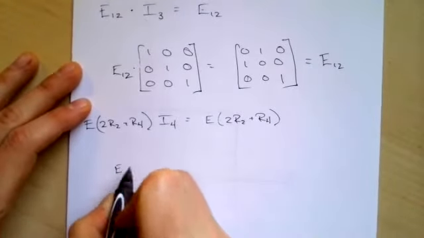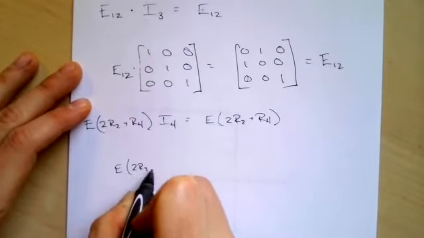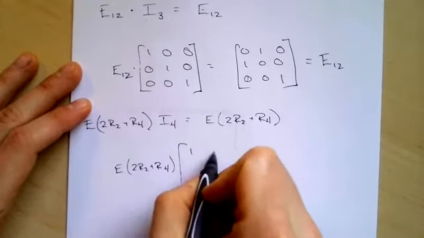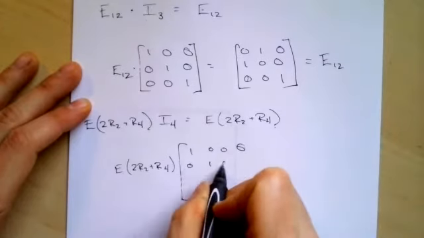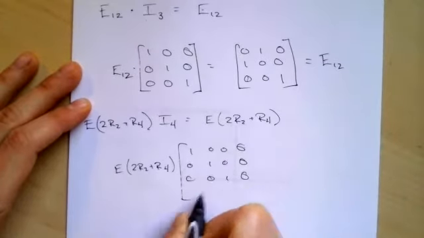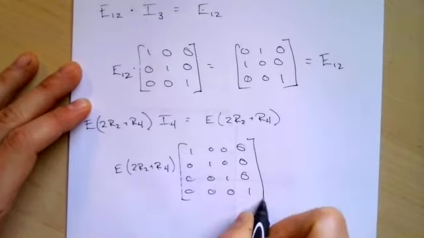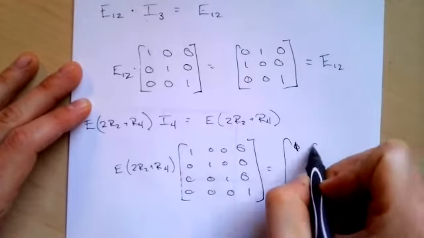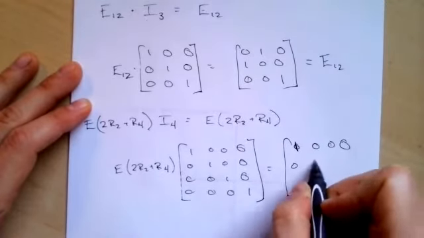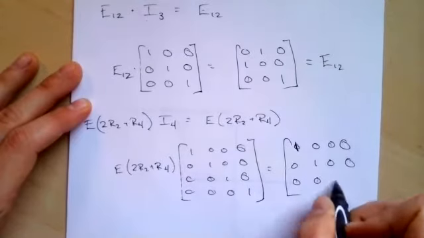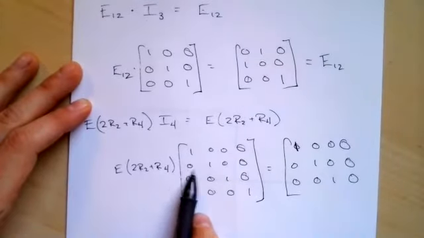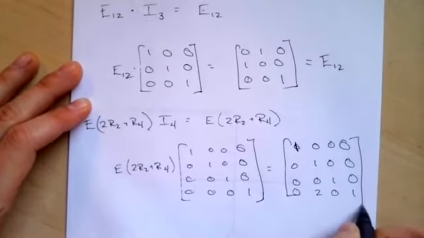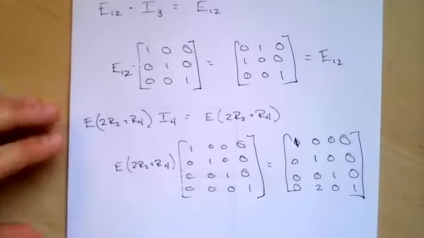And so if we have our operation acting on the identity, we want to take 2 times row 2, add it to row 4, and there we've come up with that matrix.